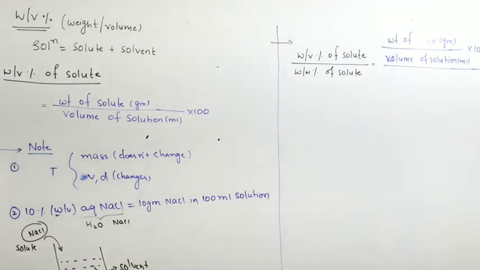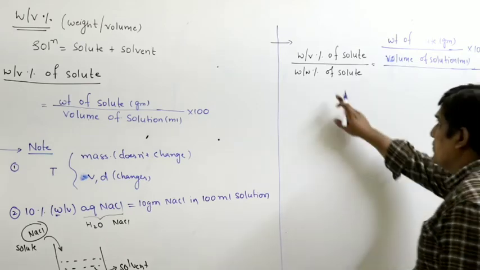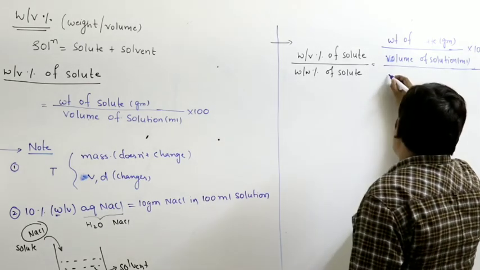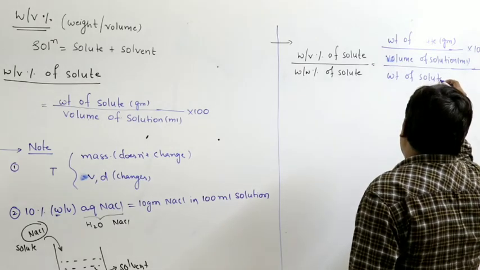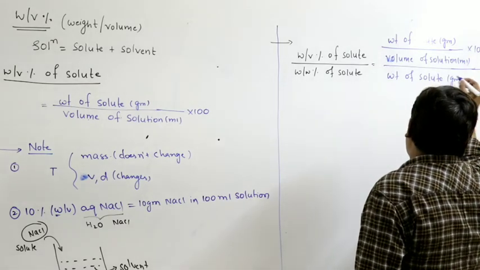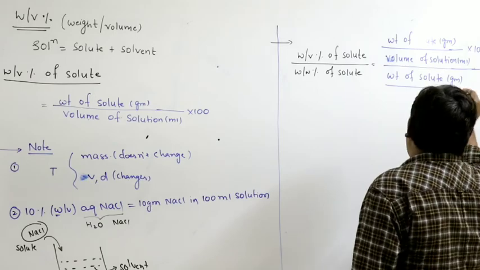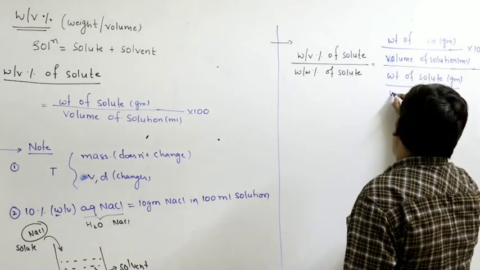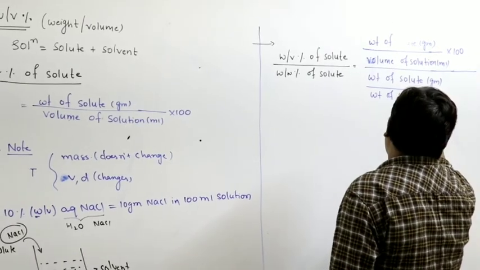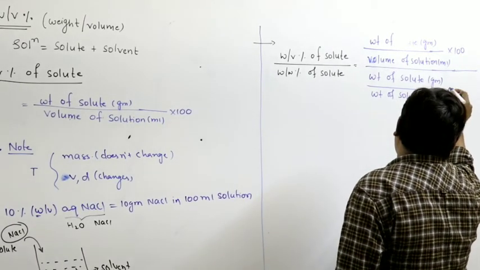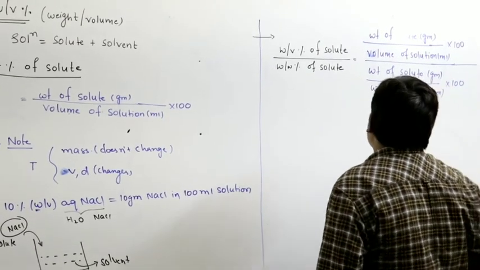Next, weight by weight percentage of solute. This we have studied in the last class. How to define? Weight of solute in grams by weight of solution in grams into 100.